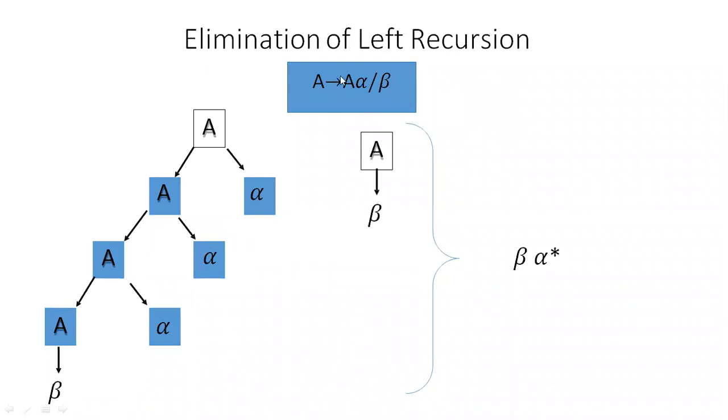If the production in the given grammar looks like this, then we can easily identify that the production consists of a left recursive problem.